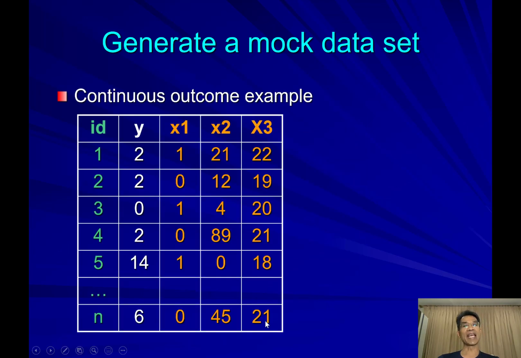For example, if we have the Y like this: the first participant, identification number 1, reported the number of cigarettes smoked per day, like 2 cigarettes per day. The second participant reported 2 cigarettes. The third one 0, no smoking. The next one 2. The last one 14. Like that.